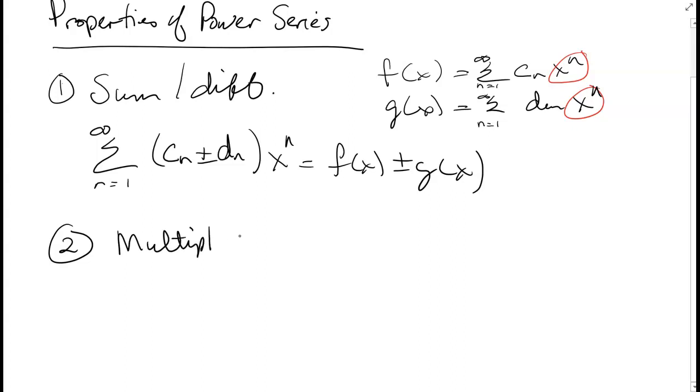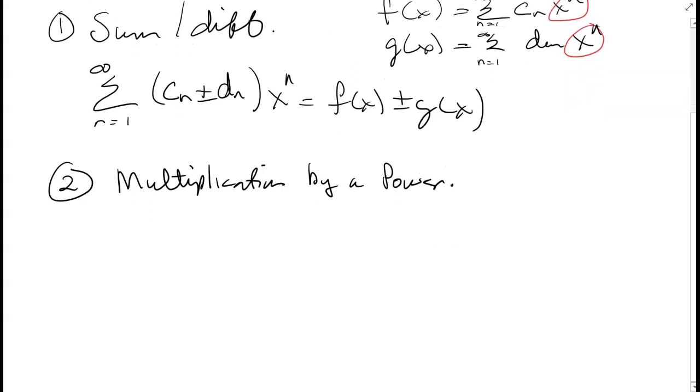Not of two series. Be careful. Multiplication by a power. So in other words, you've got your power series, from 0 to infinity, doesn't matter, of c sub n, x to the n.